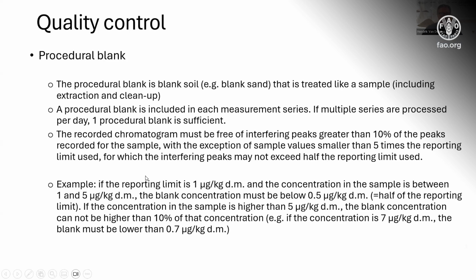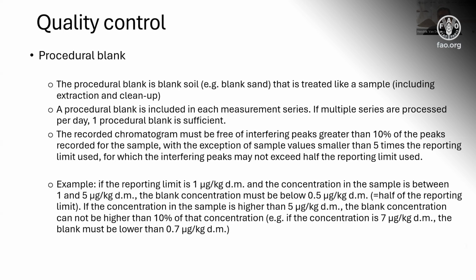For instance, if the reporting limit is 1 microgram per kilogram dry matter, and the concentration in the sample is between 1 and 5, say 2 microgram per kilogram dry matter, then the blank concentration must be below 0.5. That is half of the reporting limit.